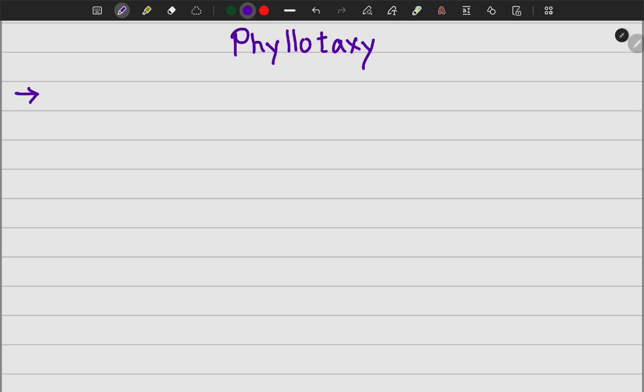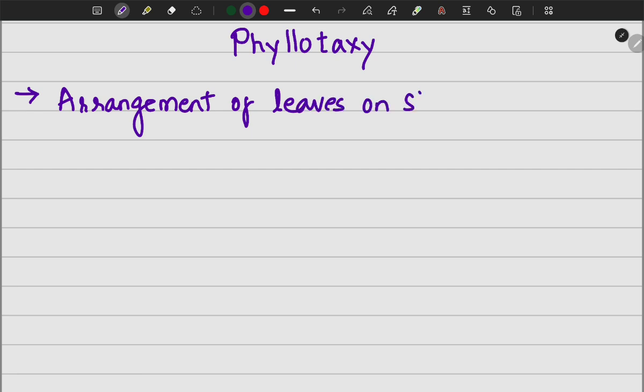So arrangement of leaves on stem or branches is called a phyllotaxy. Now if we talk about types of phyllotaxy, then there are three types.